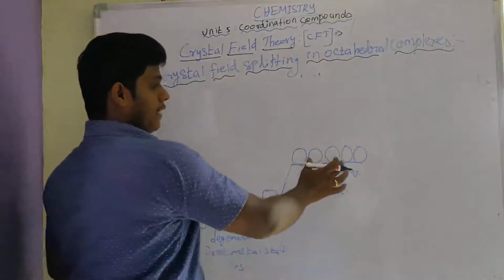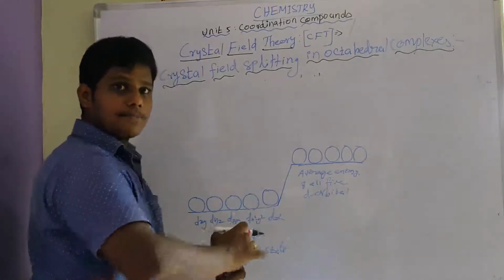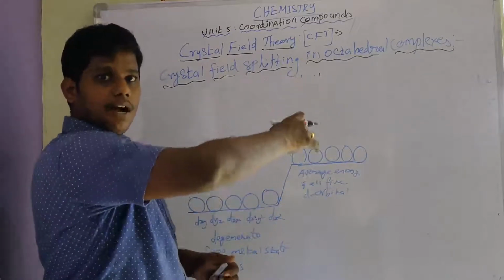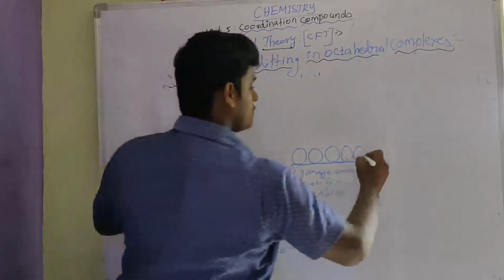Now these five d orbitals split into two energy levels: one a higher energy level, another a lower energy level.